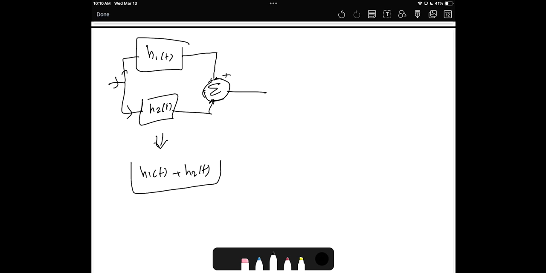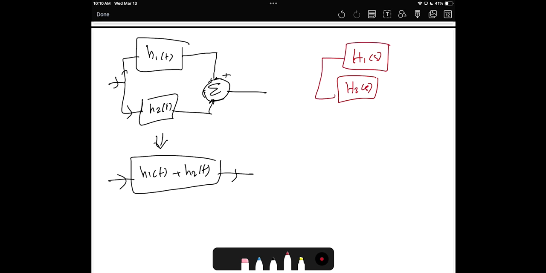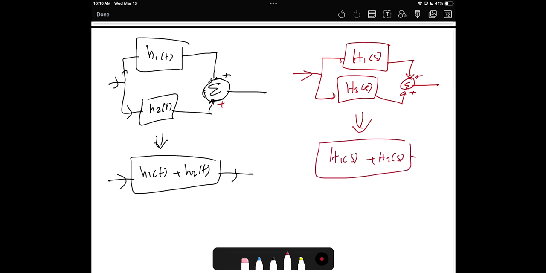That was in time domain. The good thing in S domain, the same. So in S domain, here is H1 of S, H2 of S, then it's still like distributed. So when we make the sum, it will be the sum. This is equivalent to H1 of S plus H2 of S. Okay? Any questions?